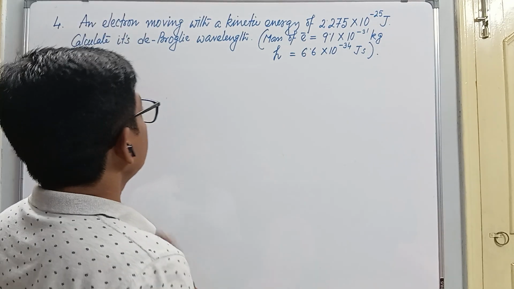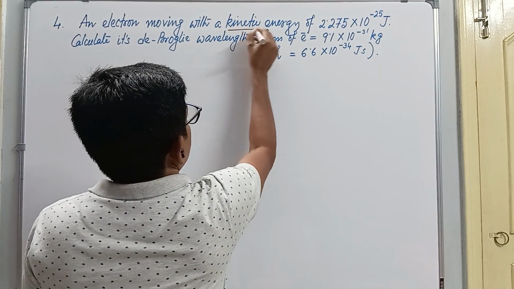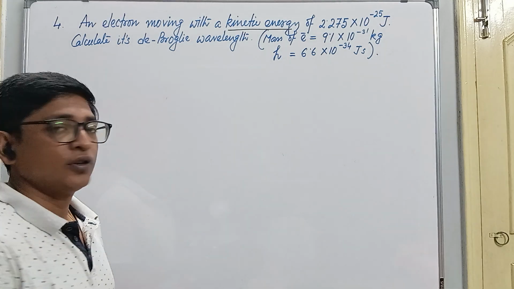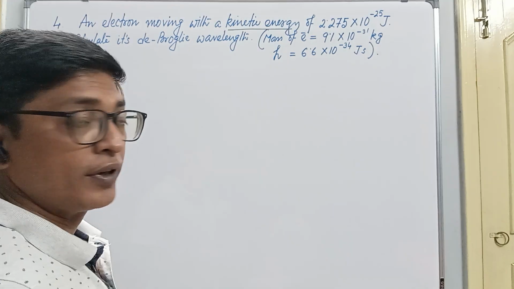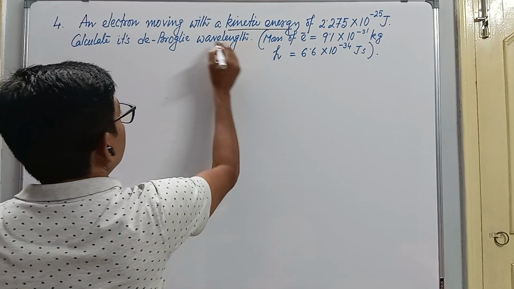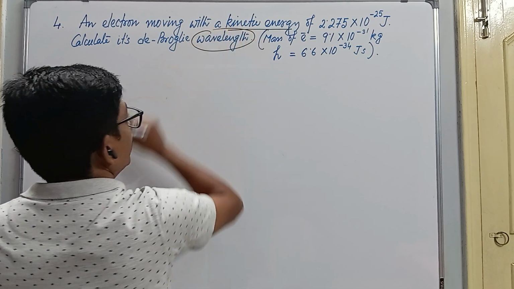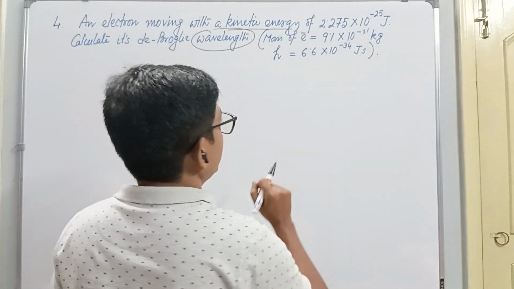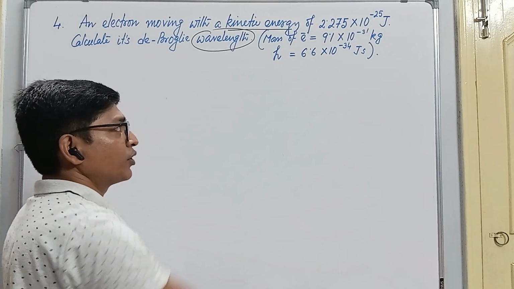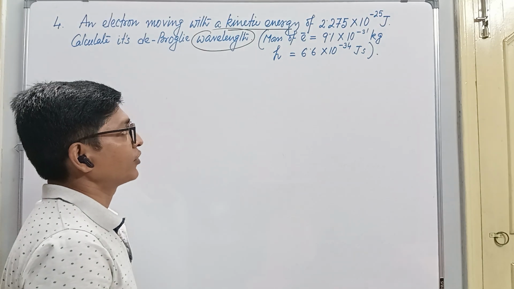Here they have mentioned the kinetic energy. They didn't provide the velocity, they didn't provide the wavelength. They are asking us to find out the wavelength. What they have provided? The kinetic energy, and along with this, the mass of an electron and the Planck's constant.